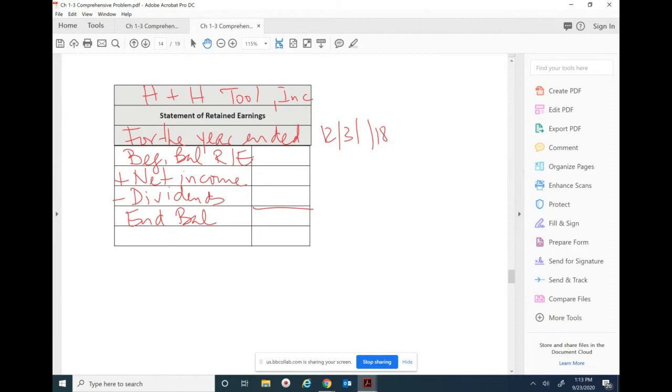in retained earnings. This line item here, net income, comes from the income statement that we prepared on the previous page. Remember, the company can keep some of it, or they can pay some of it in dividends, or they can pay all of the profit in dividends.